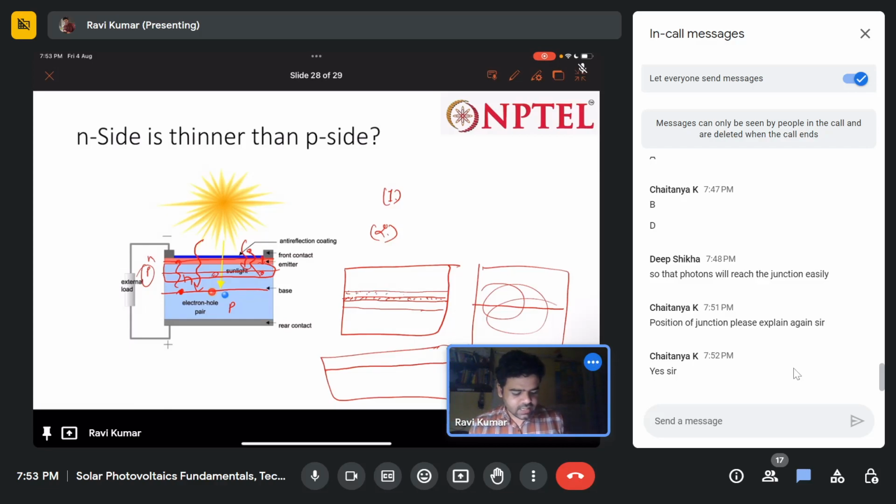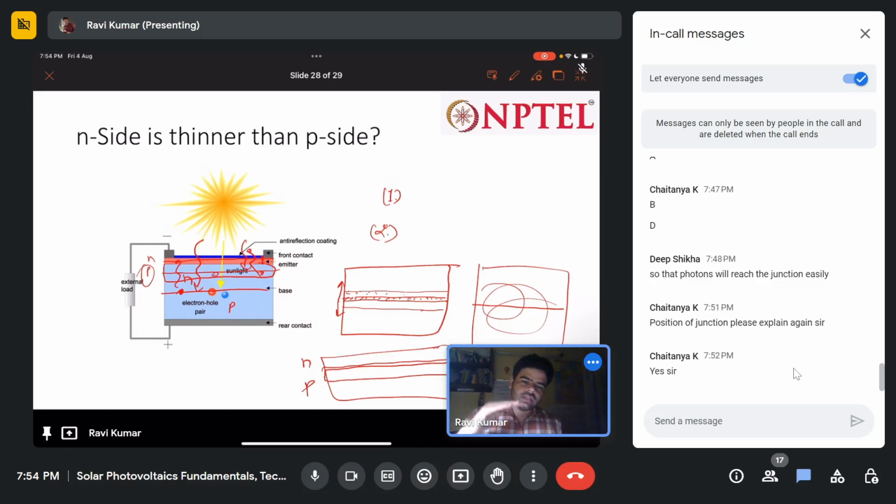This junction goes some in N type, some in P type, but if N type is less than P type, this junction will be more in the P side as compared to the N side. This is the position of junction.